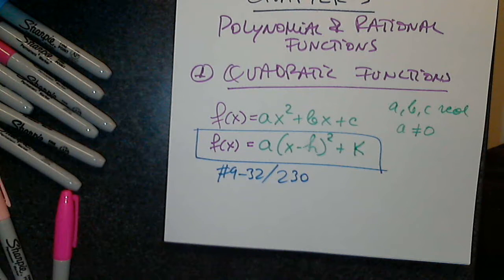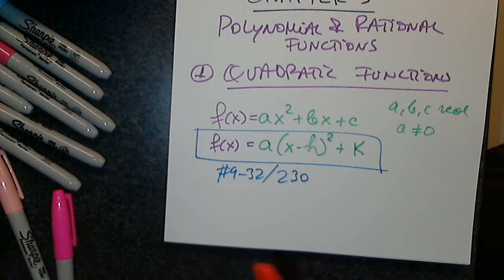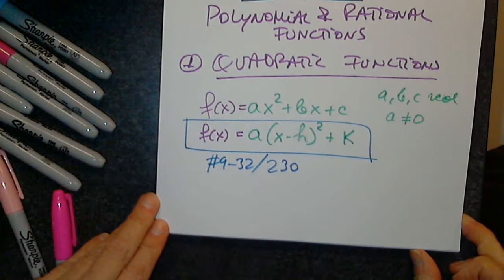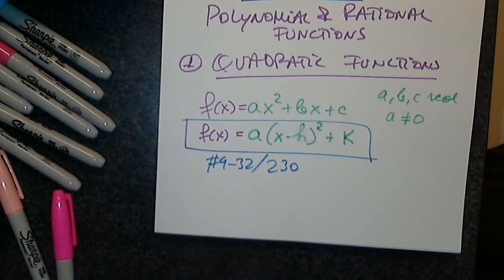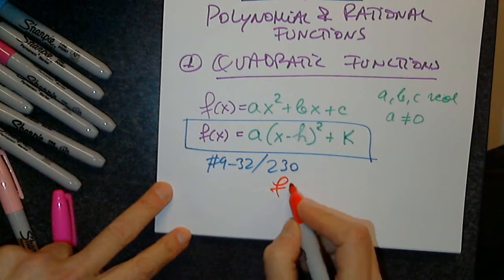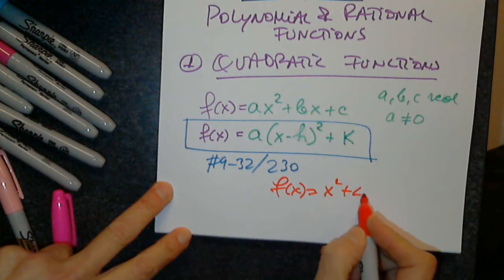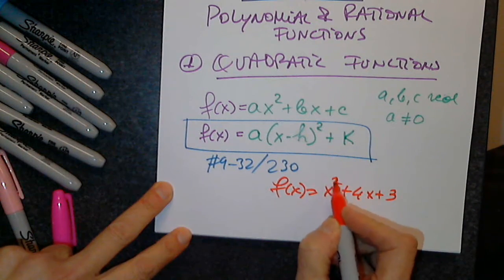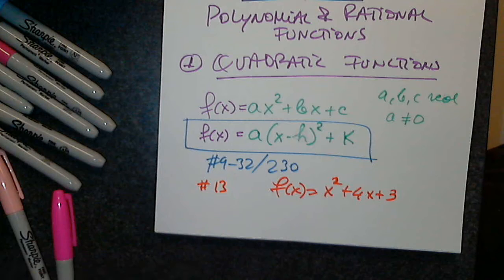Any function that you would like, because I would like to show you a procedure that is mandatory, please. About 13. In 13 we have x squared plus 4x plus 3. Perfect pick. X squared plus 4x plus 3. And this is problem 13. The question is asking us to graph.